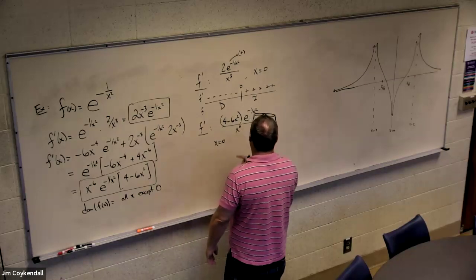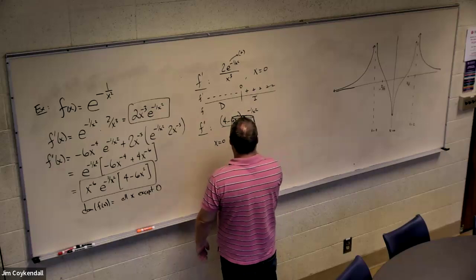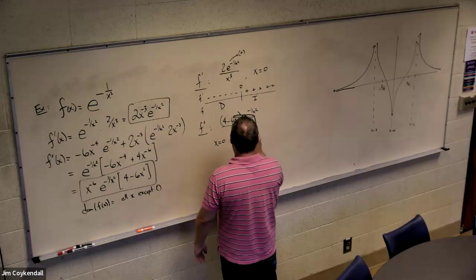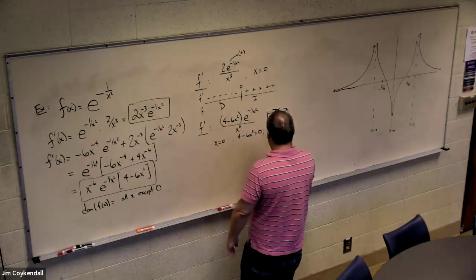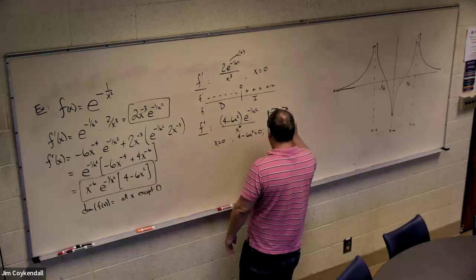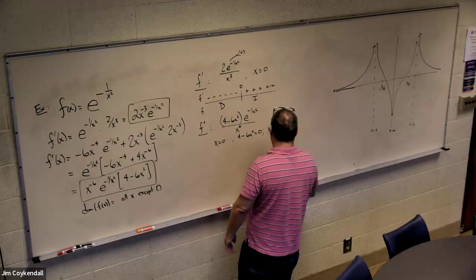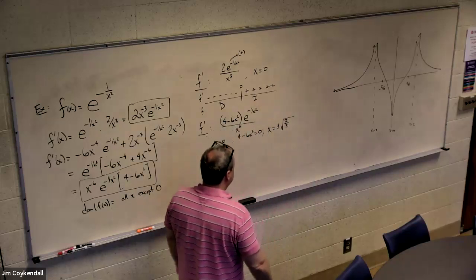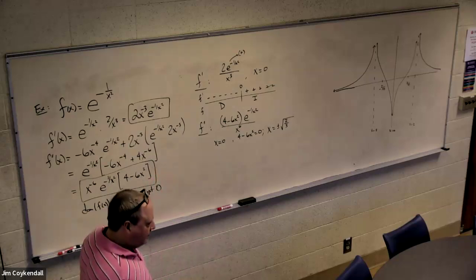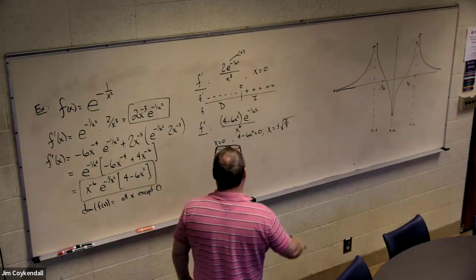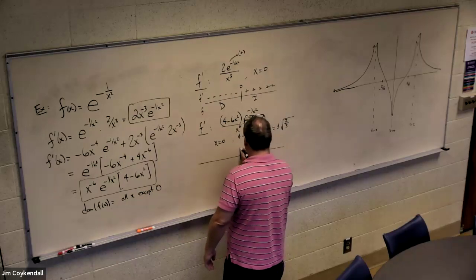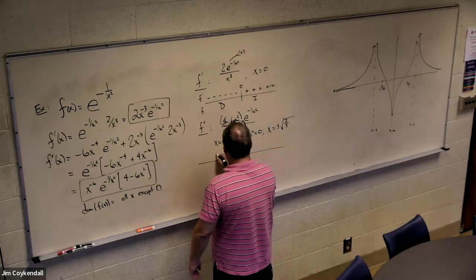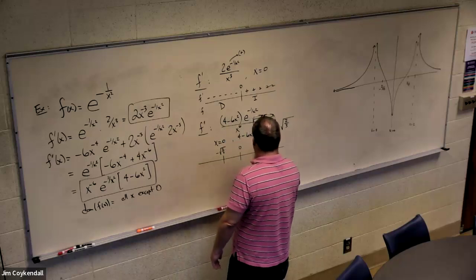But also, we get 4 minus 6x squared equals 0, and so I get x equals plus or minus square root of 2/3. So I've got more stuff to look at in this one. Minus square root of 2/3, plus square root.